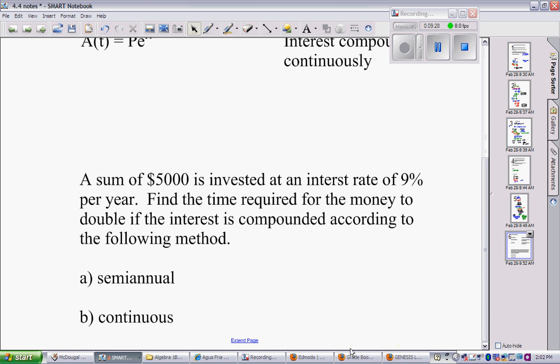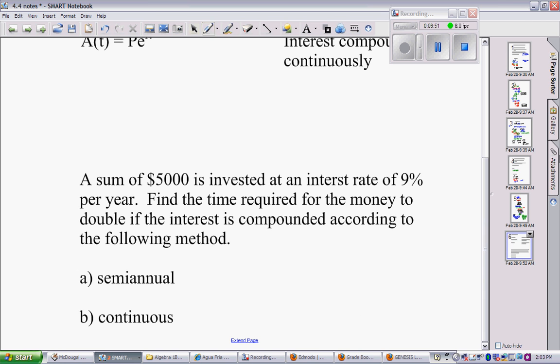So, we have a sum of $5,000 invested at an interest rate of 9% per year. Find the time required for the money to double if the interest is compounded according to the following methods. We have 2 different methods, semi-annually or continuously.